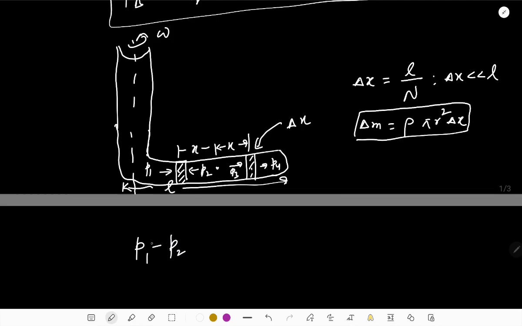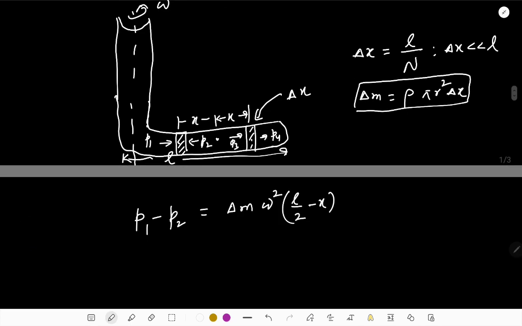P1 minus P2 will be equal to its mass m omega square, and its distance from the axis of rotation is simply L by 2 minus x. So I can write the equation of motion of this segment, and in the similar manner I can write for this segment, that will become P3 minus P4, equal to delta m omega square times L by 2 plus x.